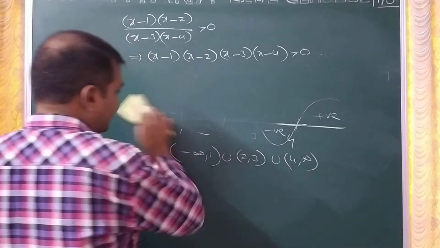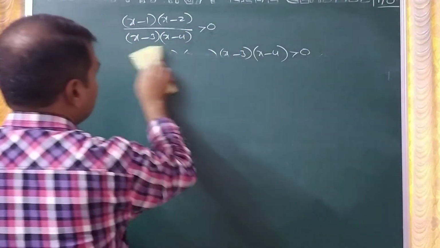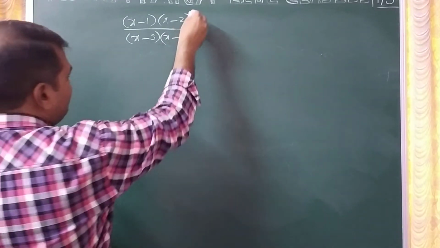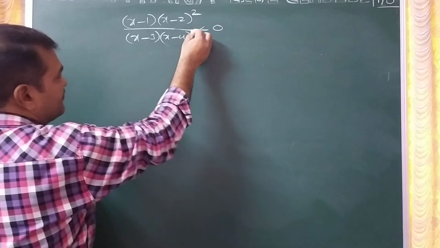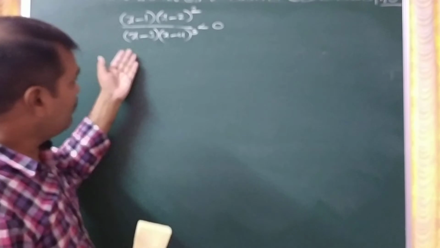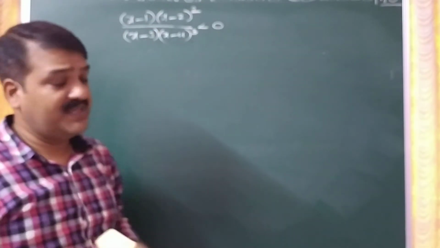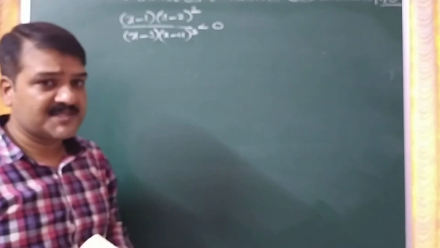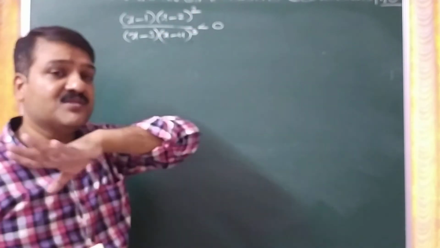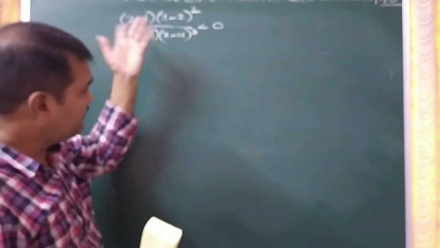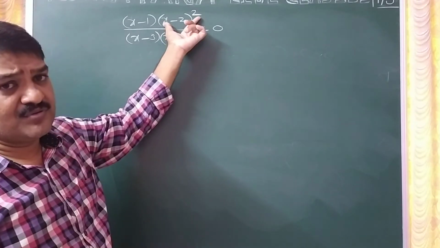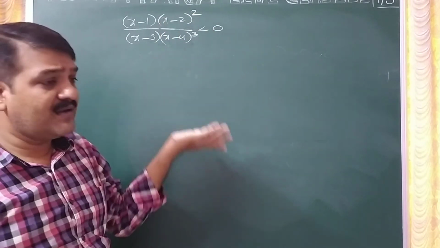For example, let us discuss different cases. Our question is like this. Whenever you have a linear term repeating twice or thrice, you can neglect the even powers of these linear factors first, because an even power cannot be negative. (x minus 2) whole square cannot be negative.